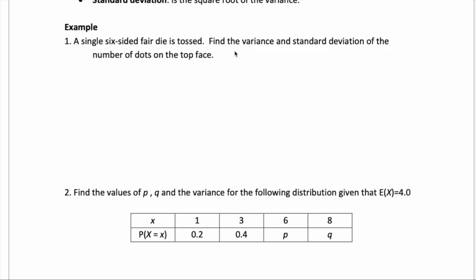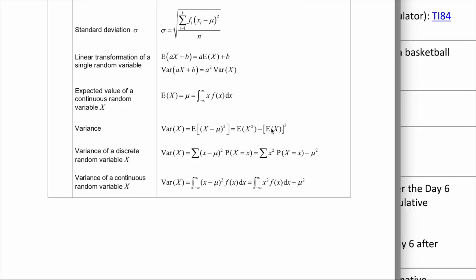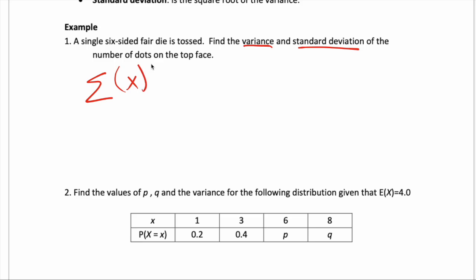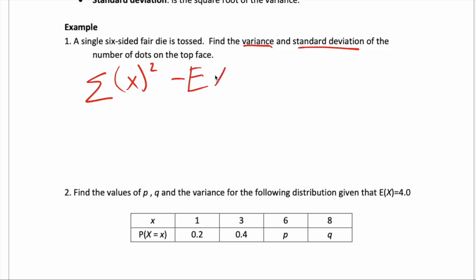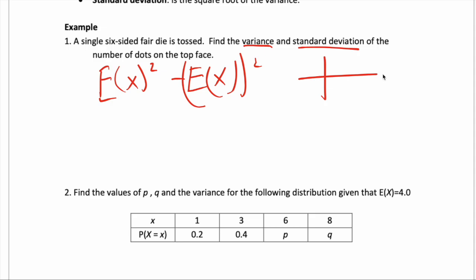Okay, let's look at the 6-sided die and check out the variance and the standard deviation. The formula from the booklet is expected value of x squared minus expected value of x, squared. I'm going to put a sigma there, but that's actually just E. And recall we have 1, 2, 3, 4, 5, 6, and they're all 1/6.